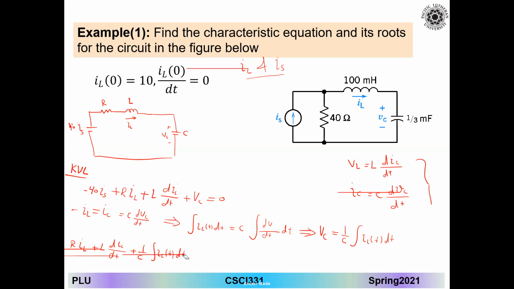And this entire quantity here equals 40 IS. Where is 40? It's the R. Agree with that? Anyone has any question?